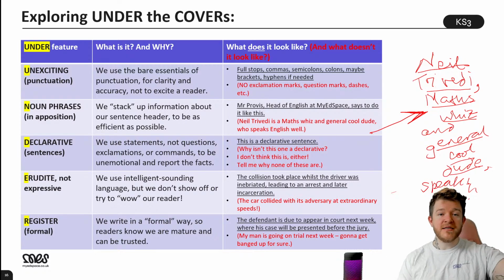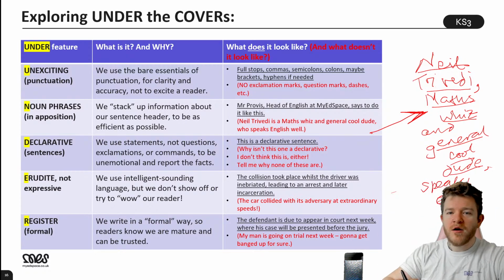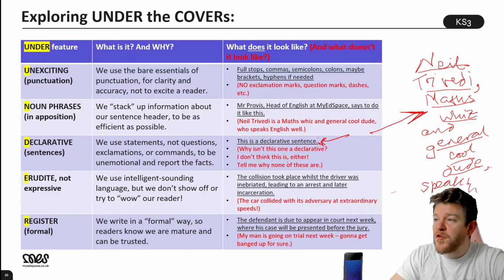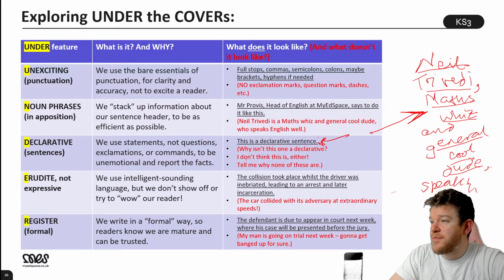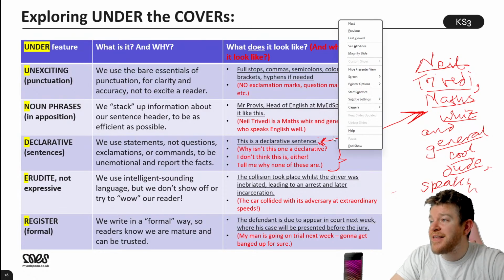Perfect. Now, declarative sentence. If you have a look here, this is a declarative sentence right here. That one there. And I put three examples underneath saying, why isn't this one a declarative? I don't think this one is either. Tell me why none of these are. So who can tell me in the chat why these are not declarative sentences, and even better, what they are instead?